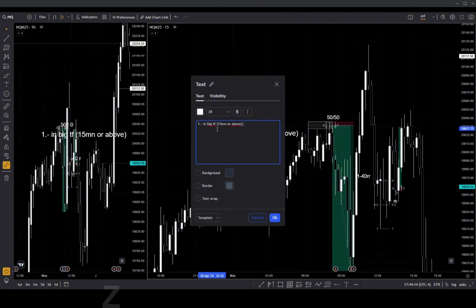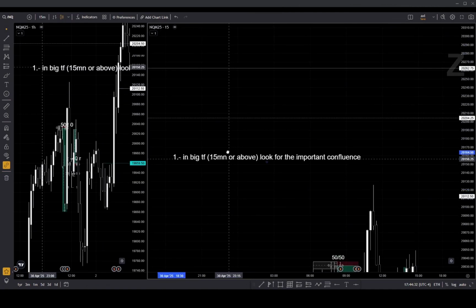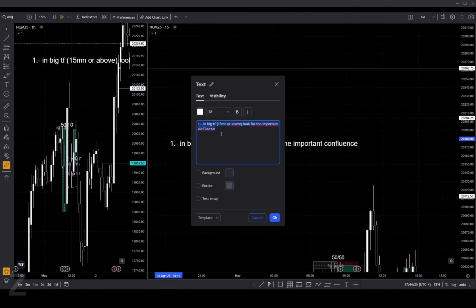Sometimes I use the weekly candle as my confluence. So in big time frame, 15 minutes or above, look for the important confluence.